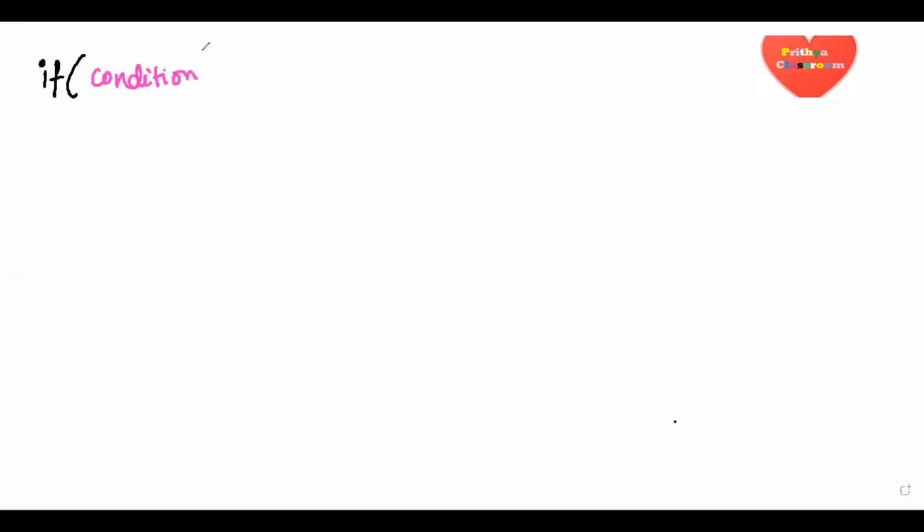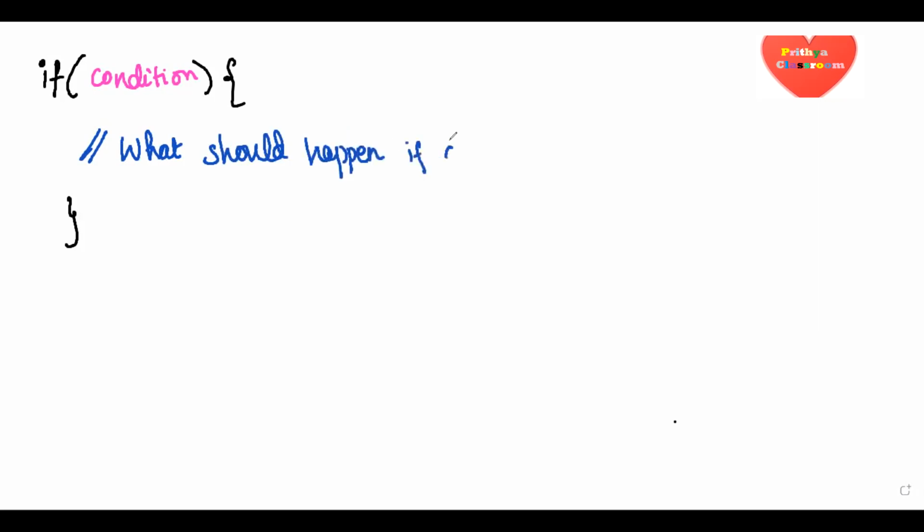Okay, after writing this, we have to open the curly brackets, and within the curly brackets we are supposed to write down the instructions, like what should happen if the condition is satisfied. And so this is one set of instructions.